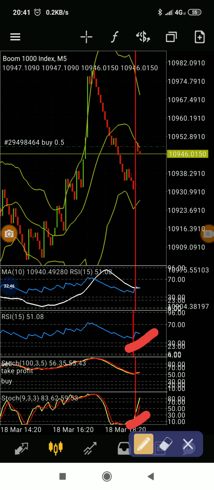Hope you are getting that. Also, even like I said, at the 15 level in stochastic 100, the spike normally happens. You can see right there, the spike did happen.